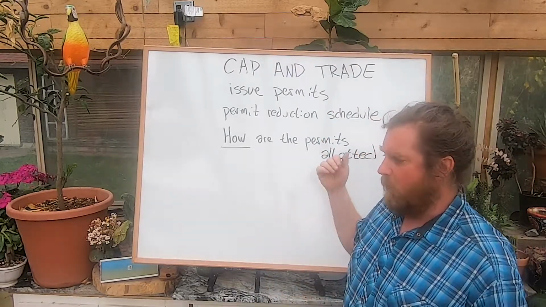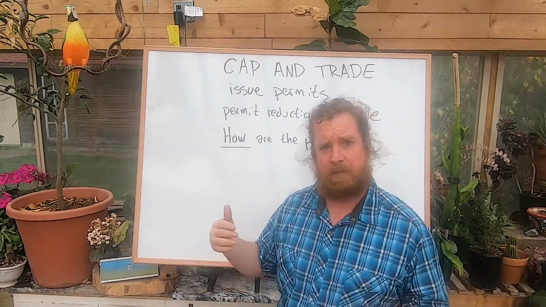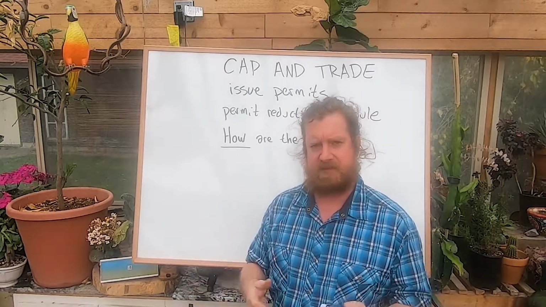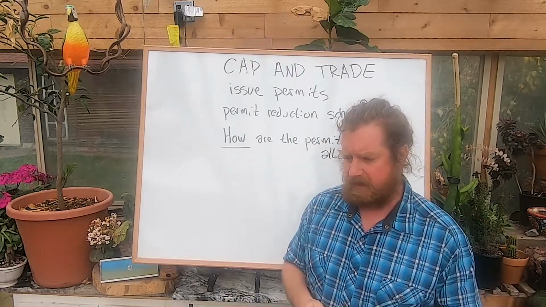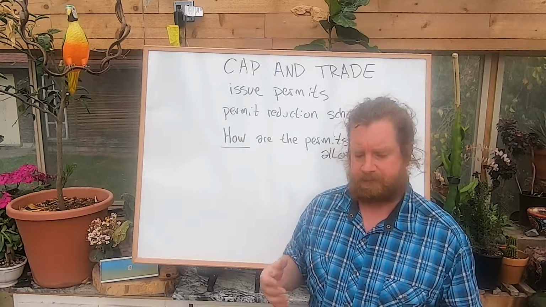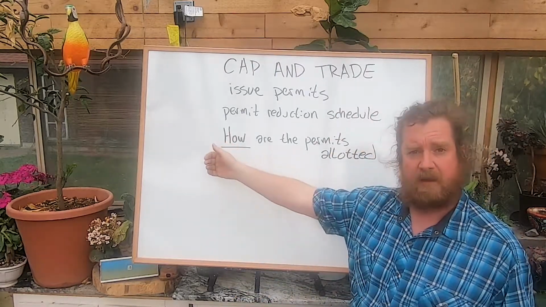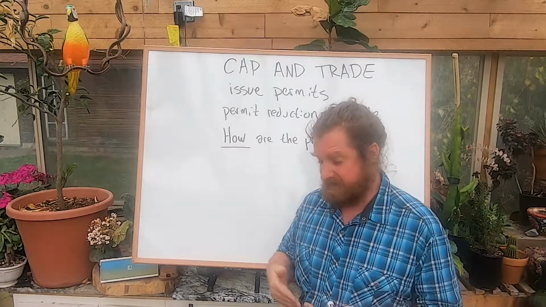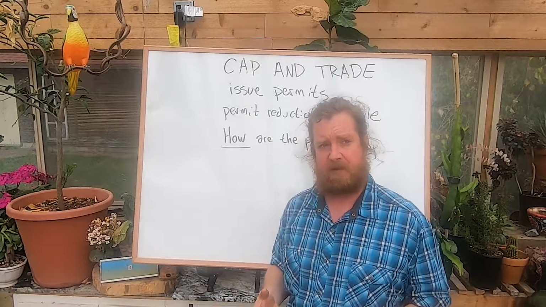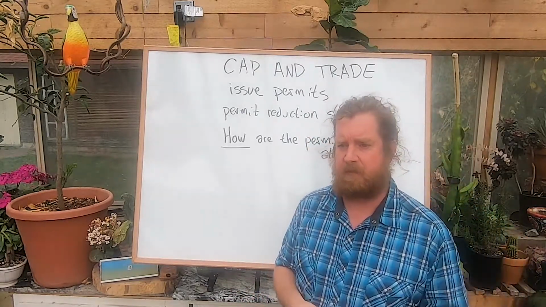Now, do they sell those permits to each company based on the amount of CO2 that they emit? Do they give those permits away? And those are the two primary competing methods. Do we just give them all away to the companies and it's essentially free, and then if the company is selling it, they're actually making a profit on those? Or do they have to buy the permits at an auction price from the government?